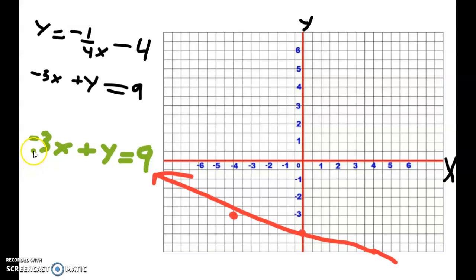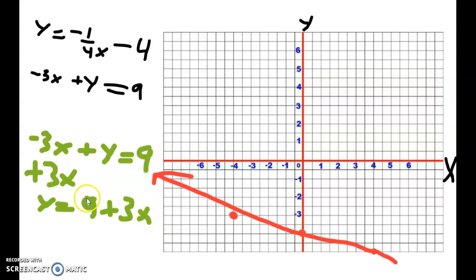Just think of it as minus 3x, even though there's nothing in front of it. Imagine there's a number here. So you would add 3x, since it is a negative, and you get y equals 9 plus 3x.